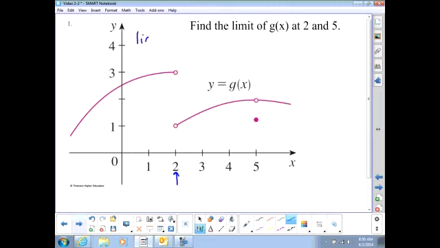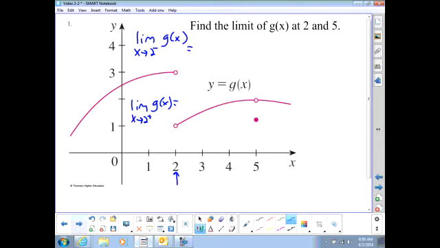So we'll look at our limit as x approaches 2 from the left of g of x, and we'll look at our limit as x approaches 2 from the right of g of x. So your actual limit value should be a y value, keep in mind.